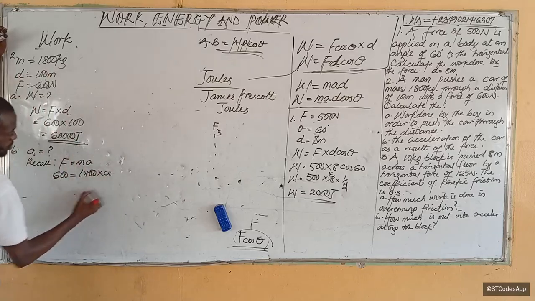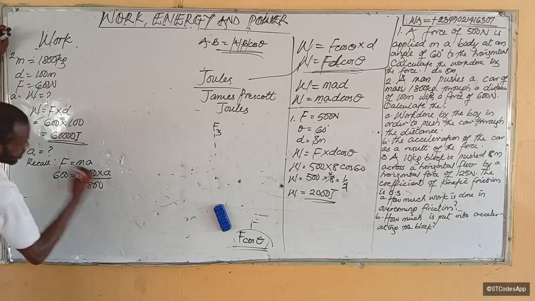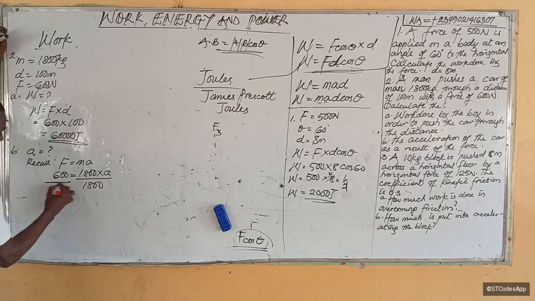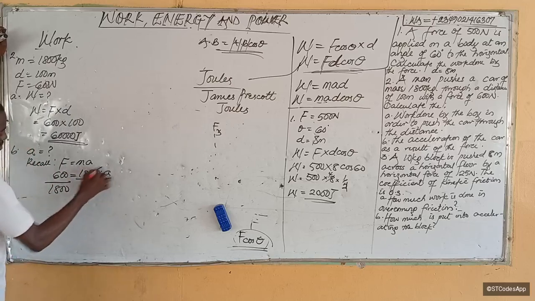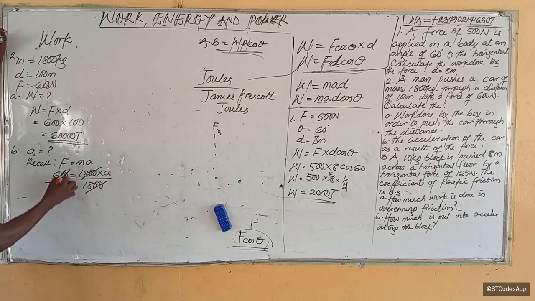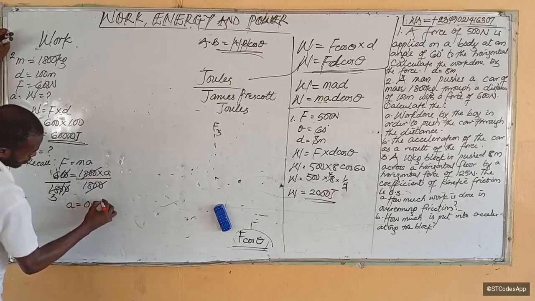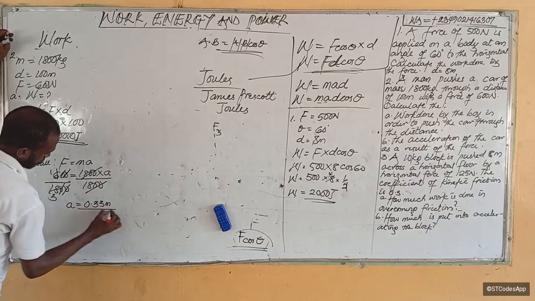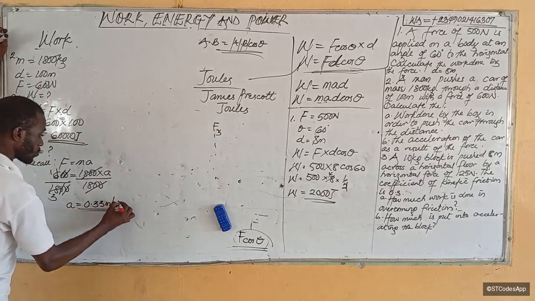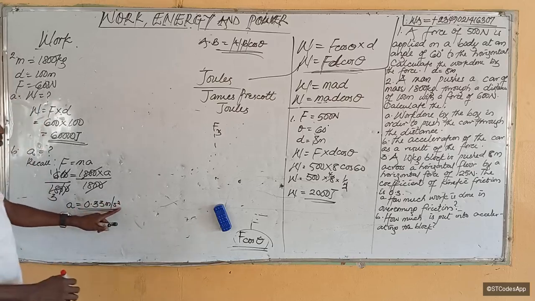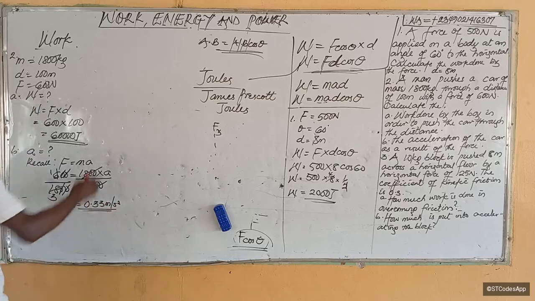Then you divide both sides by 1,800. So the acceleration is equal to 1 over 3, that's 0.33 meters per second squared. That's the unit of acceleration, don't forget.